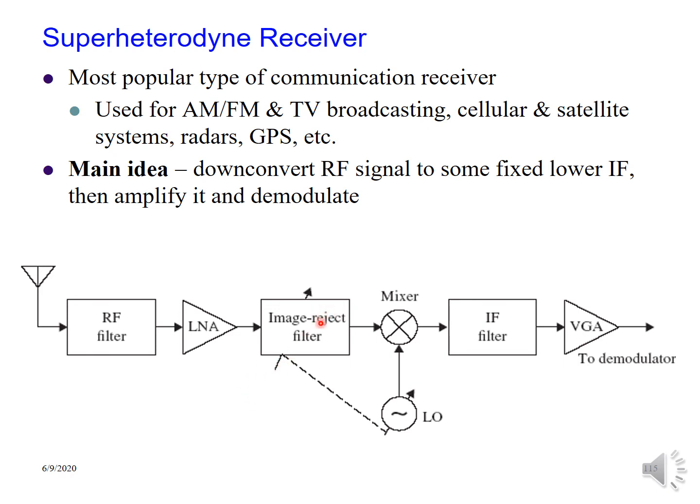So we put in an image reject filter and then multiply with a mixer with the LO. Now we have the new translated frequency, which is the IF frequency. This IF must have a filter to ensure we receive only the designated frequency. Then we go to the VGA, and then we demodulate it.